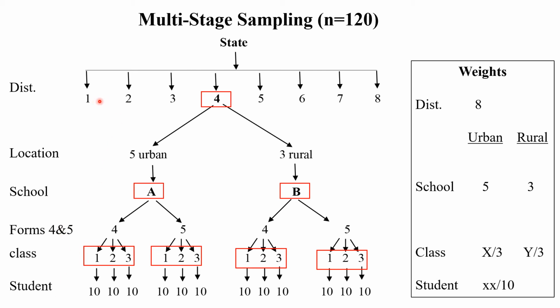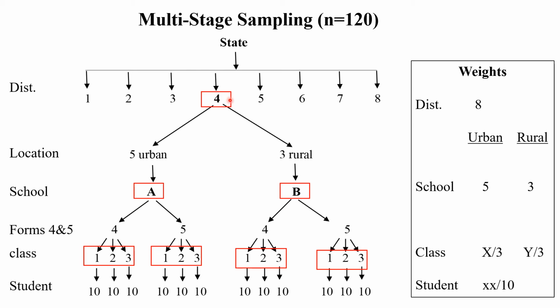There are 8 districts here. With my resources, I can only cover 1 district. So from the 8 districts, select 1 district randomly. Let's say district number 4 is selected.